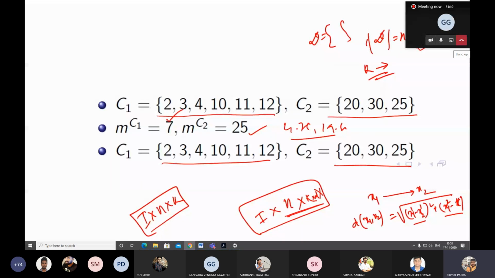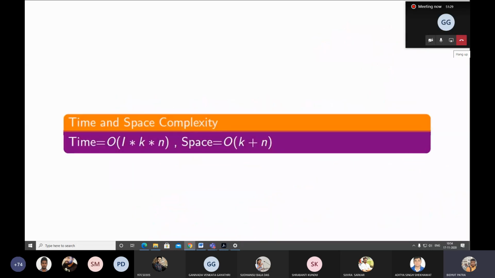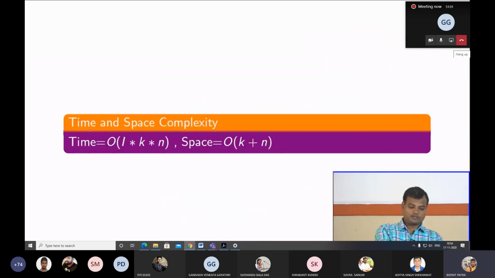So complexity can be said to be order of nk. And k is also very small compared to the number of points, so it comes down to order of n. Therefore this is a linear time complexity algorithm. So this is the time and space complexity.